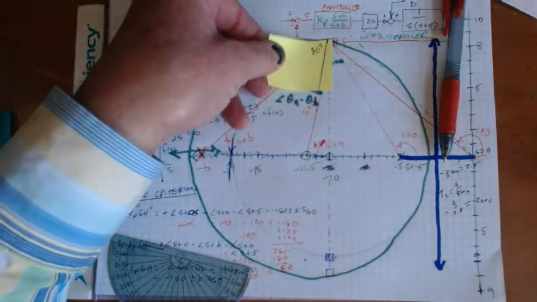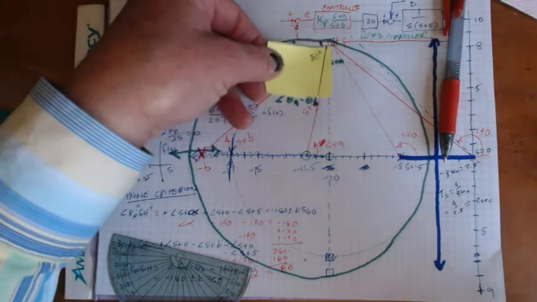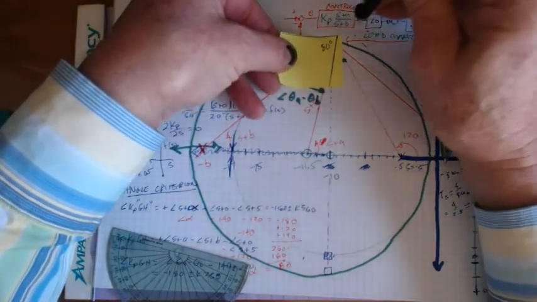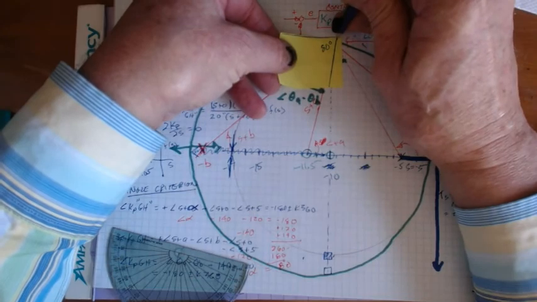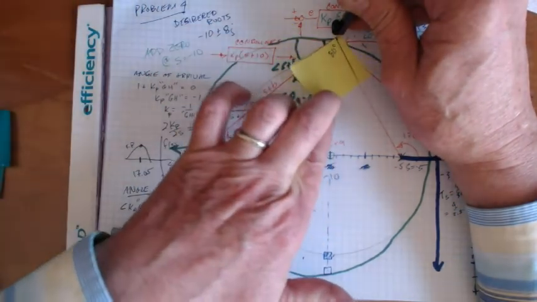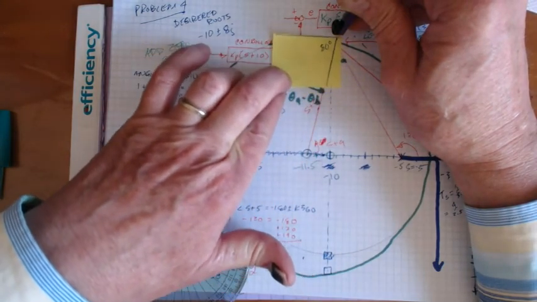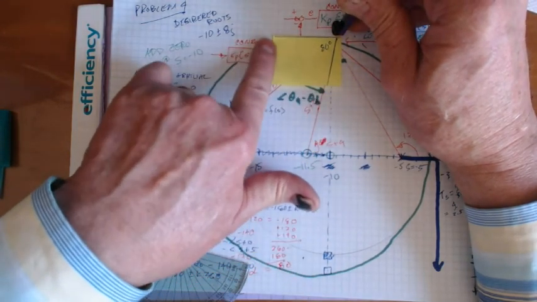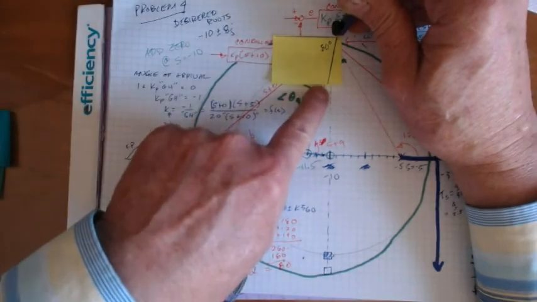Now I get to use the pin on my protractor for yet another noble cause. I'm going to pin that down. This angle, I can put anywhere I want. And look, if I put the 0 at infinity, it's 80 degrees.